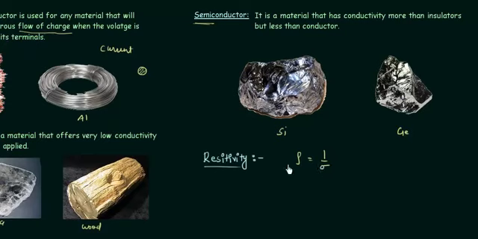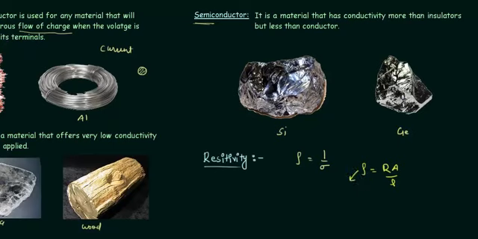Sigma is the conductivity and rho is the resistivity. And in terms of resistance, we can write resistivity as rho equals R A by L, where A is the area of cross section and L is the length of the wire whose resistivity we are measuring. And it is the property of the material.